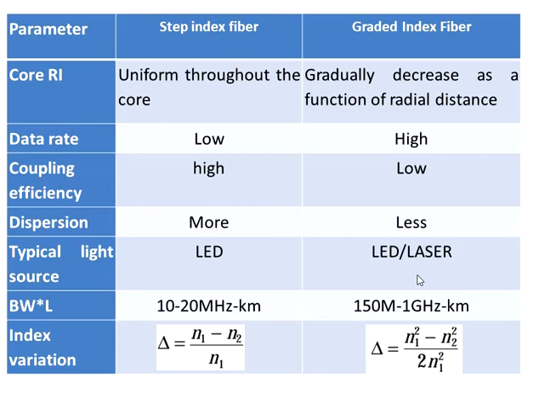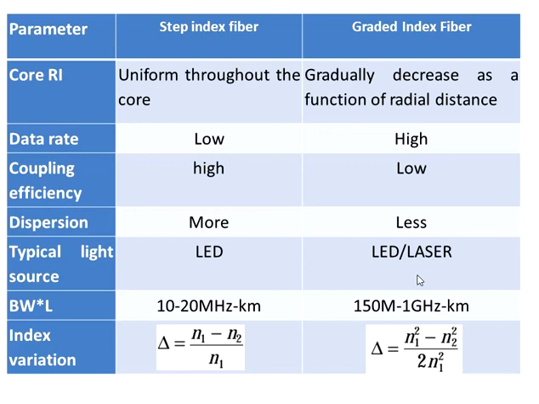The data rate for step index fiber is low as compared to the graded index fiber. Coupling efficiency of the step index fiber is high as compared to the graded index fiber. Dispersion in step index fiber is more, but in graded index fiber, because of the change in the velocities of the modes, the dispersion is less.